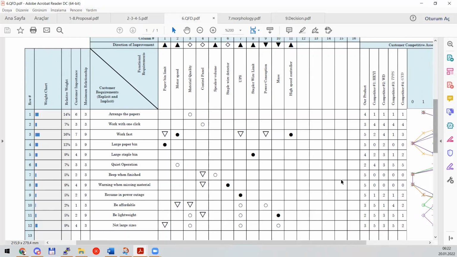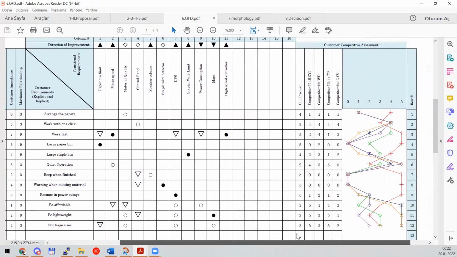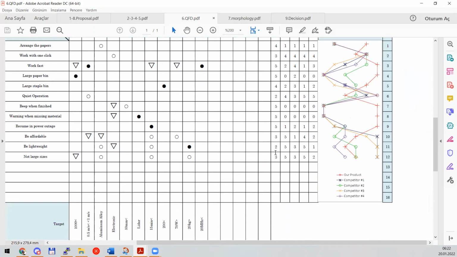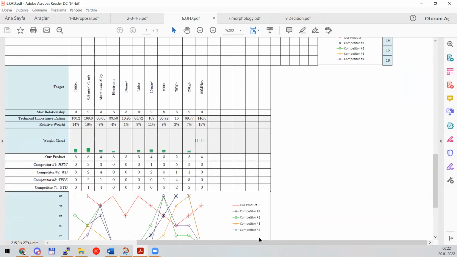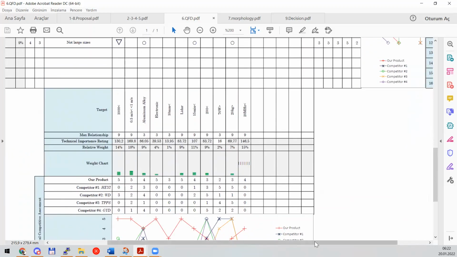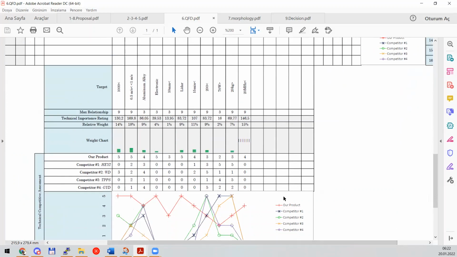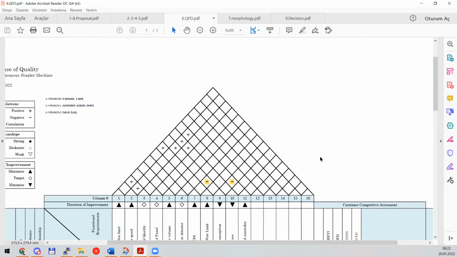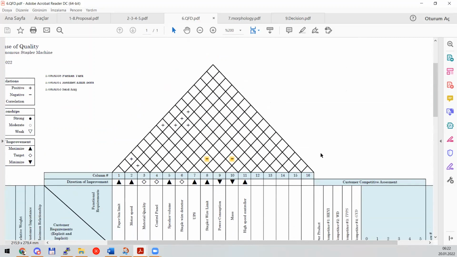On the right, it is shown how well the 4 different stapler manufacturers can meet customer demands, while at the bottom it is shown how well the manufacturers can meet the requirements we have chosen. At the top, the relationship between the requirements, which is called the roof, is shown.